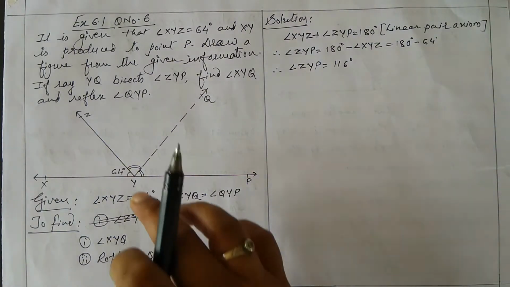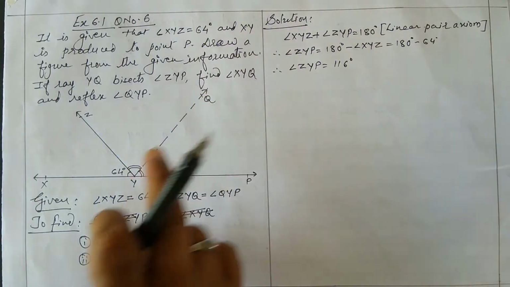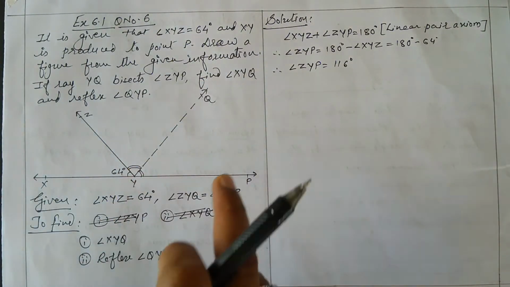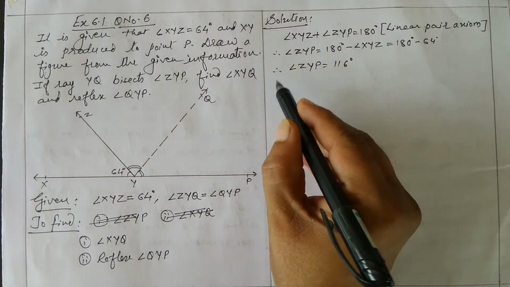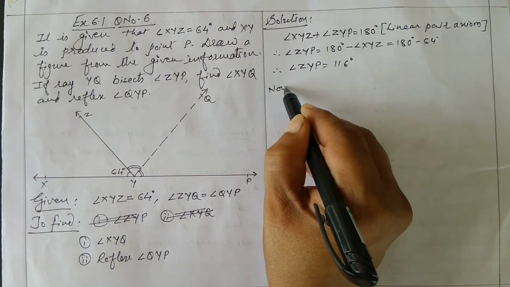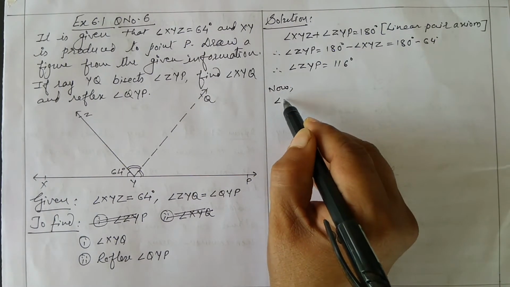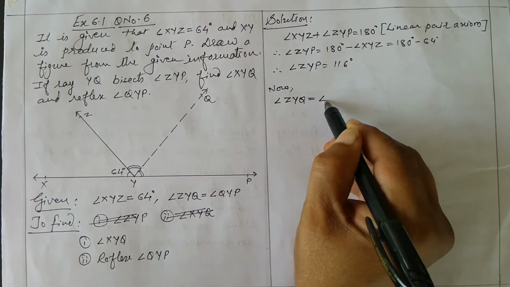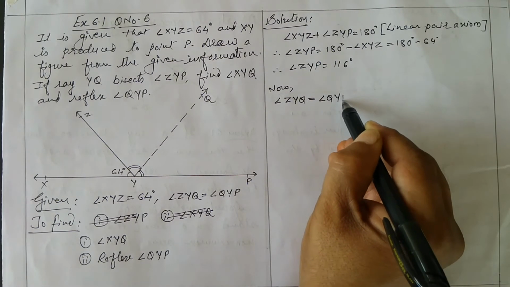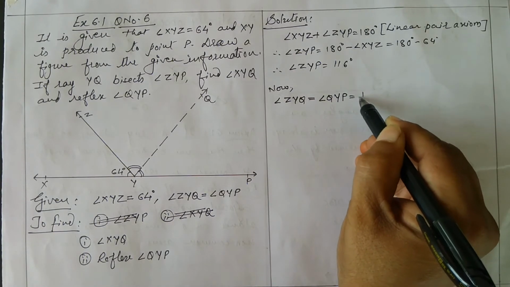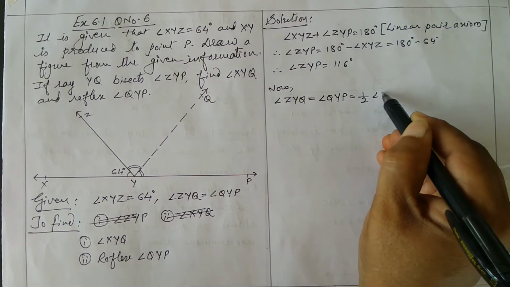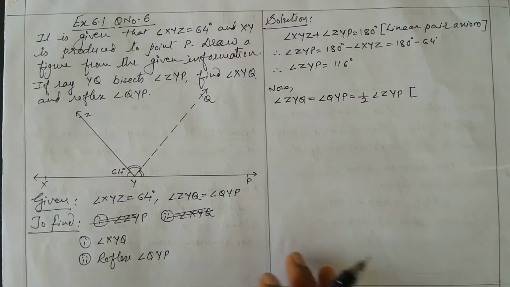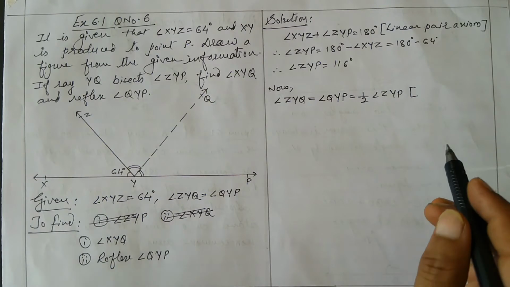Okay, now you see what is YQ? YQ is a bisector of angle ZYP. So ZYQ and QYP both will have the same measure. Now I will write angle ZYQ is also equal to angle QYP, which is half of angle ZYP. Reason? What reason can we write? YQ bisects angle ZYP.